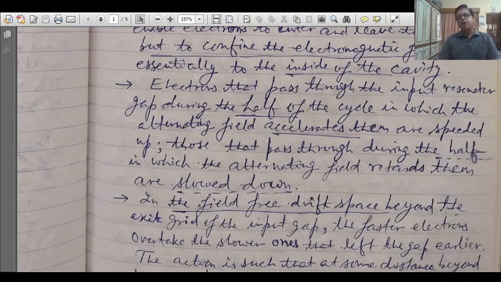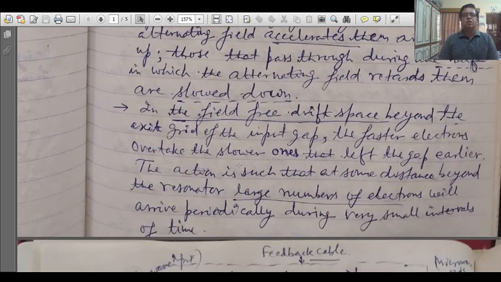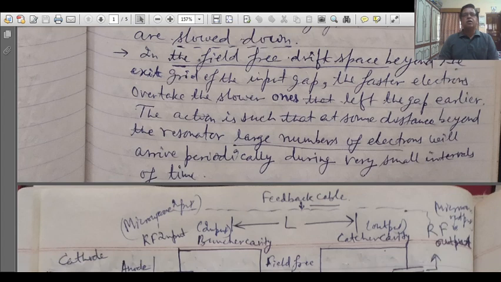If the electrons enter when the field is accelerating, their speed increases, and if the alternating field retards them, their velocity decreases.